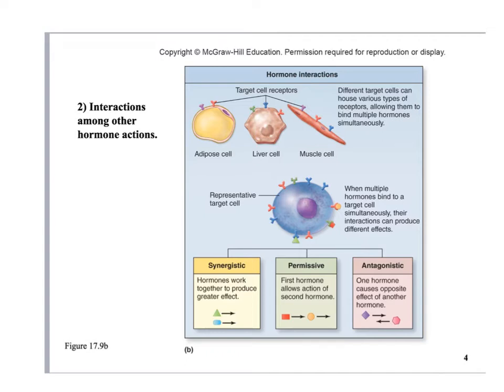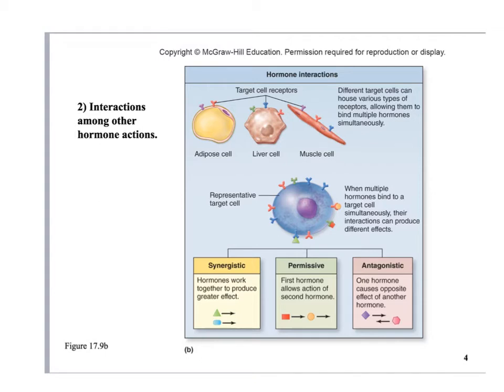So we have synergistic interactions. Two hormones act on a target cell, and they do something to increase whatever is there. They work together. They produce a greater effect. Then there are permissive effects, where the first hormone actually allows the action of a second hormone.